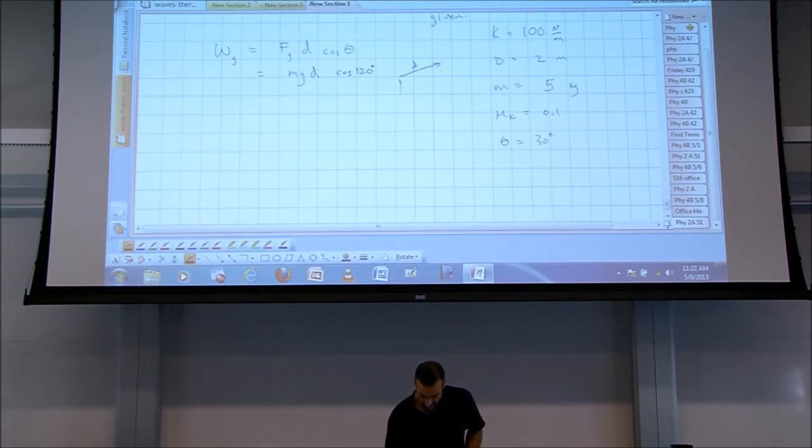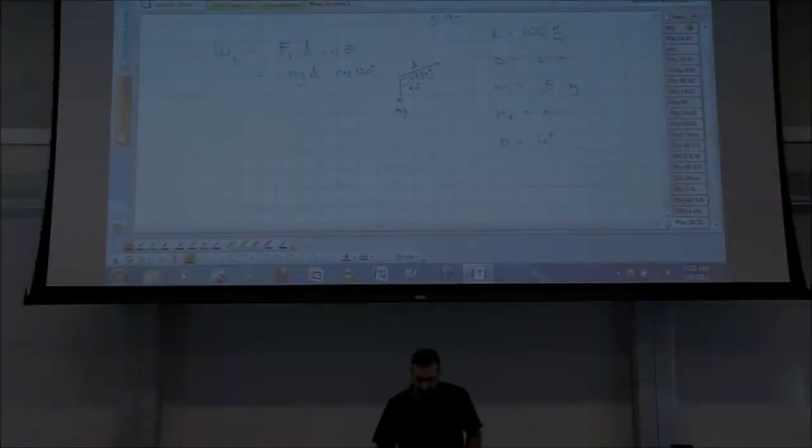D is in that direction. mg is in that direction. That's 30. That's 90. So what do we get for that?